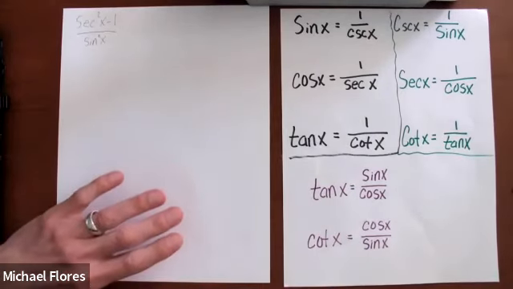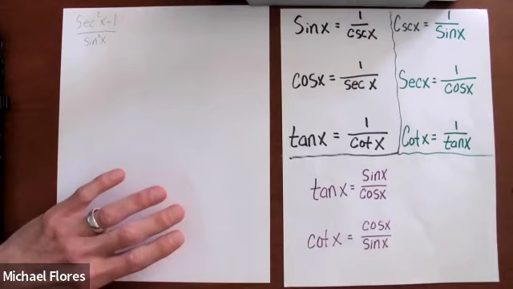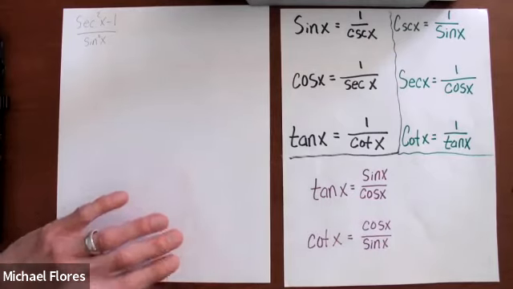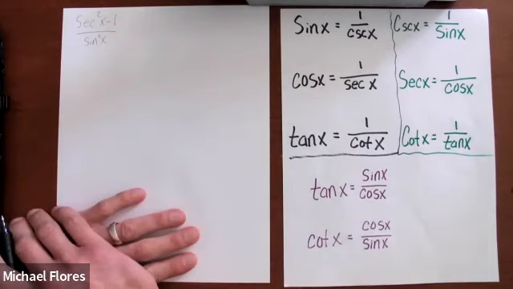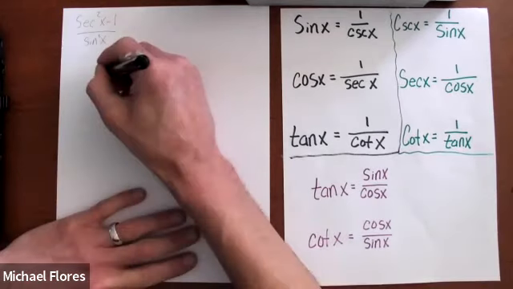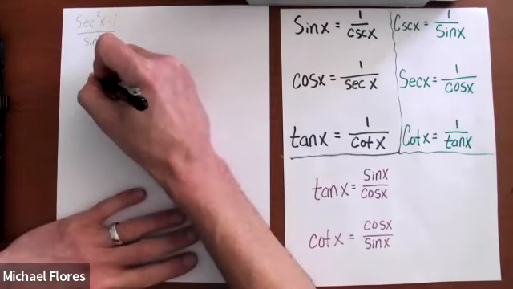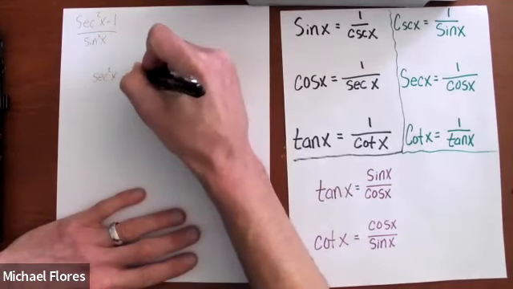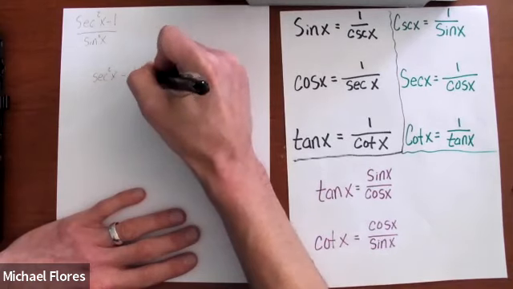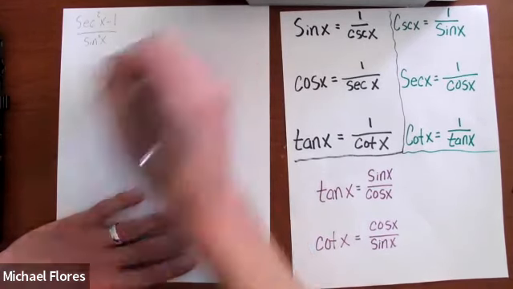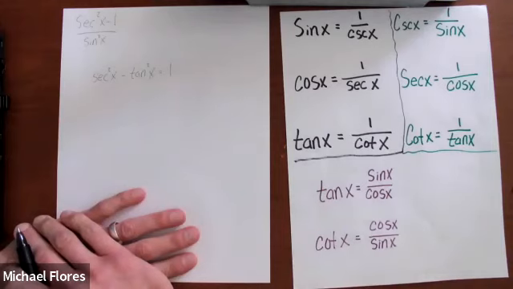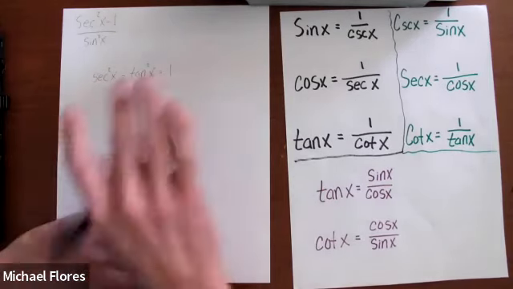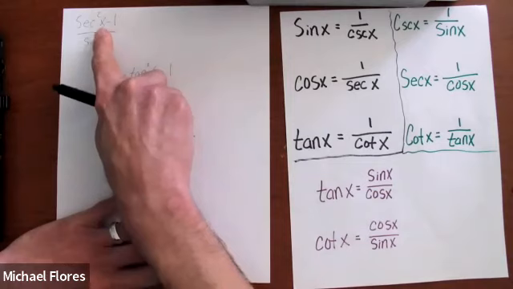All right. So for this one right here, secant squared x minus 1. I see secant, I see a square. So we're thinking Pythagorean identity. That's going to be identity 2. That's where we see secant. Now, once again, we're going to want to look for how we can move this around to where it matches that on top.